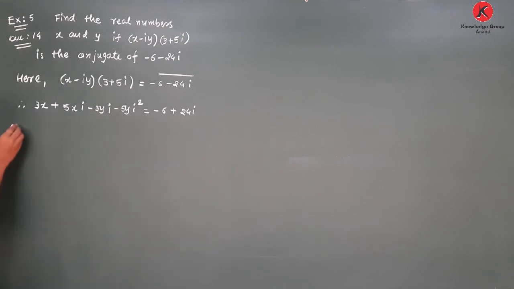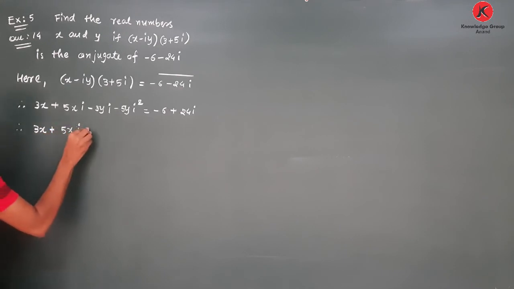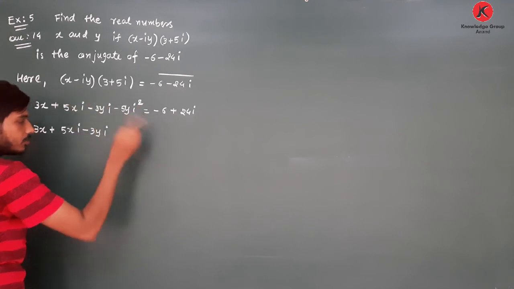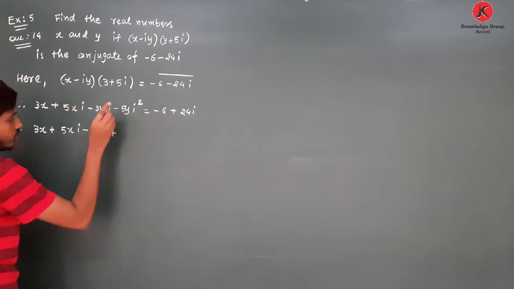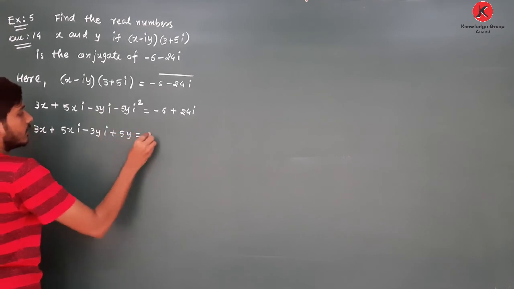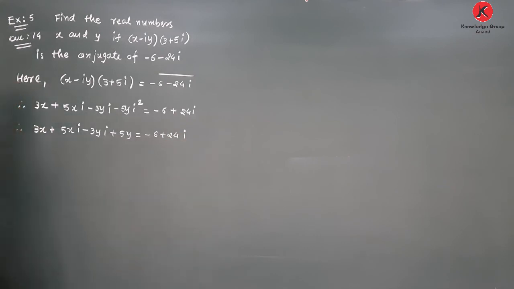Simplify this thing. We are getting 3x plus 5xi minus 3yi. This is i square equals to minus 1, minus into minus 5y equals to minus 6 plus 24i.